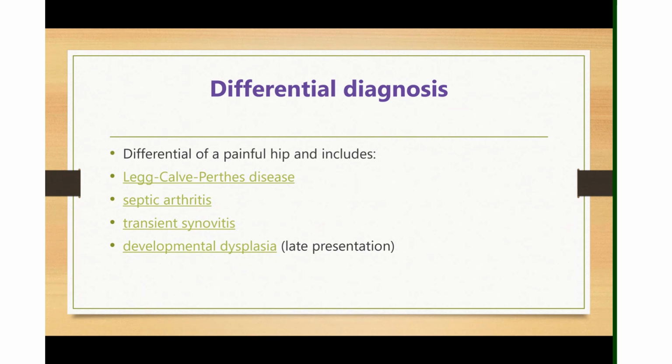So in such cases, we have to think of other differentials like septic arthritis, transient synovitis, etc. Late presentation developmental dysplasia can look like slipped capital femoral epiphysis. If there is loss of epiphyseal height and fragmentation, if it develops later, it may look like Perthes disease. So these are the possible differential diagnoses for a painful hip.